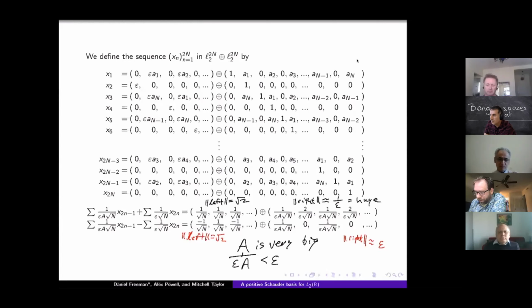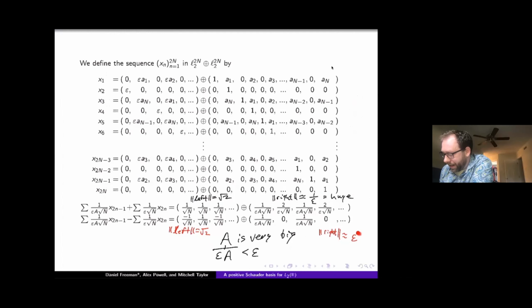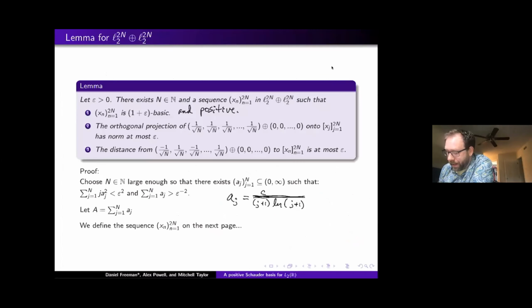And so if we just use positive signs, the left has norm root 2 and the right has 1 over epsilon. If we alternate signs, the left has norm root 2 and the right has norm epsilon. And so this is the idea of how we're able to construct these xj's so that this vector is very far from it, but this vector is very close.